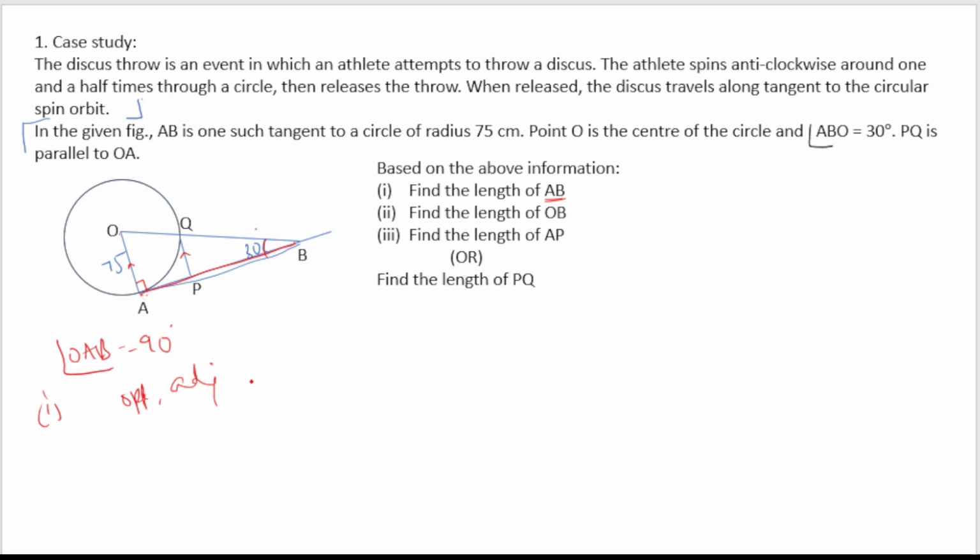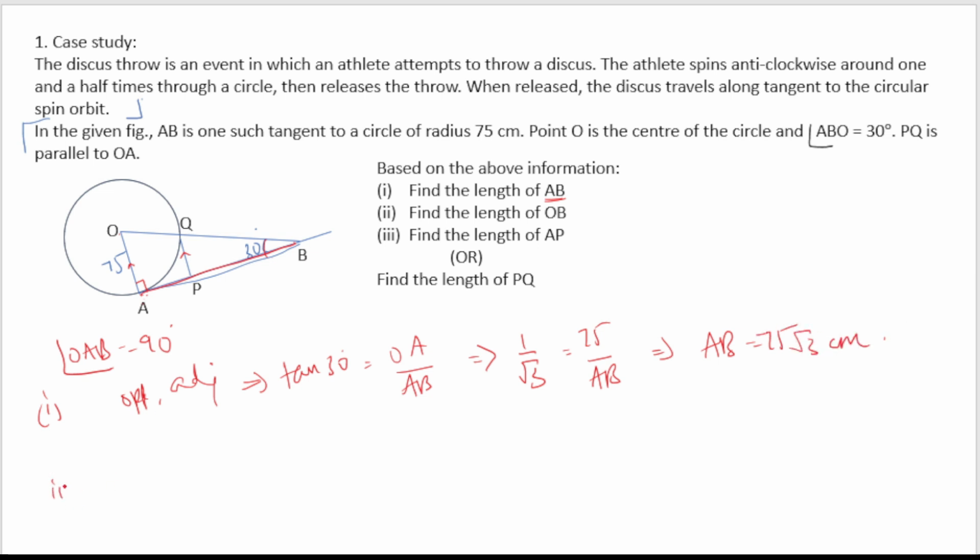So we will use tan theta. Tan 30 is equal to opposite side OA divided by adjacent side AB. Tan 30 is 1 by root 3, equal to OA, which is 75, divided by AB. So AB is equal to 75 root 3 centimeters.